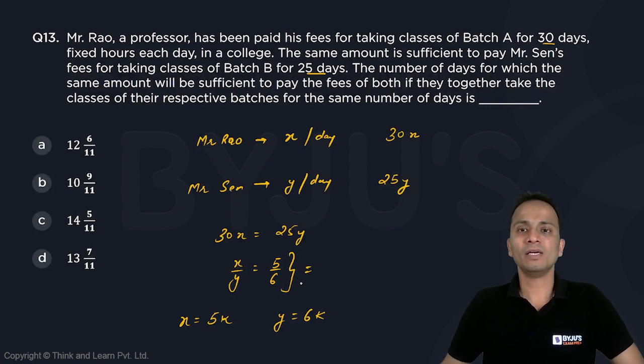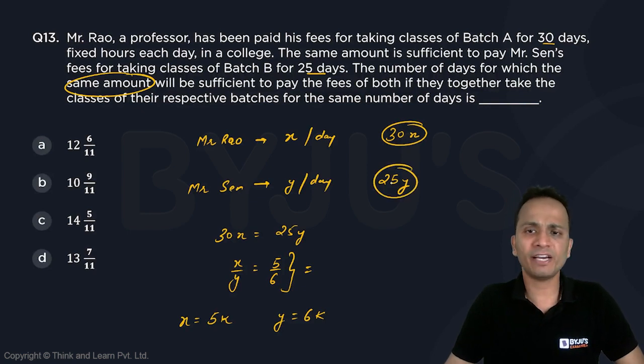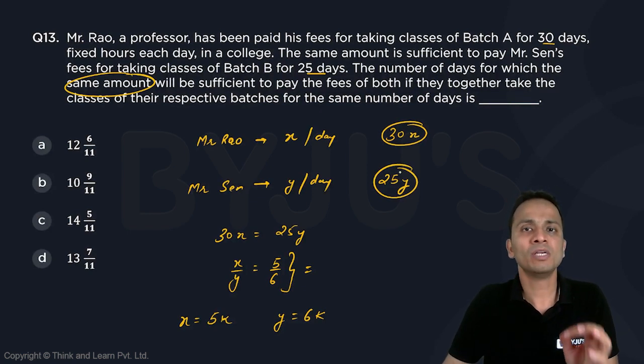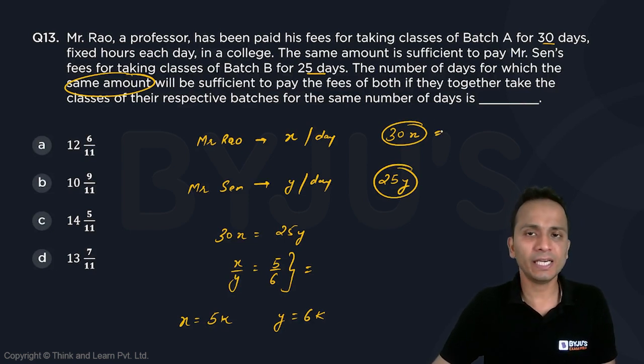All right. Now what we have to find out, the number of days for which the same amount, as in either 30X or 25Y, the same amount, they both are equal. So the number of days for which the same amount will be sufficient if they together will take their classes. Okay. So the amount in total that we have is 30X.